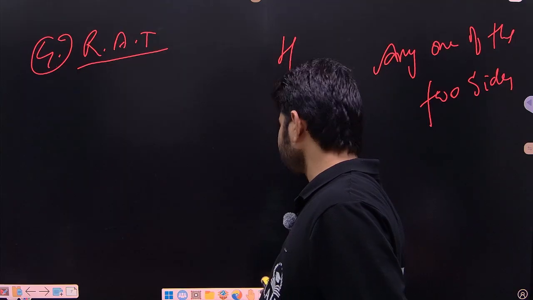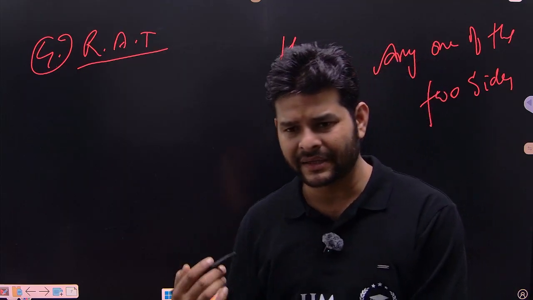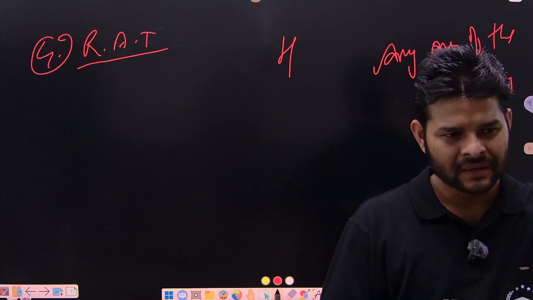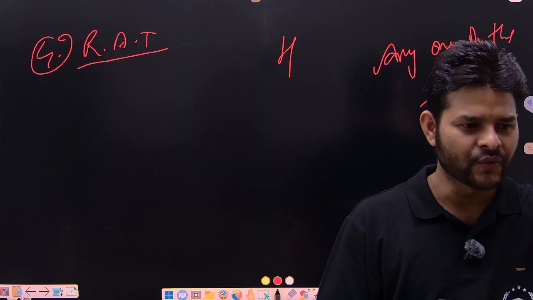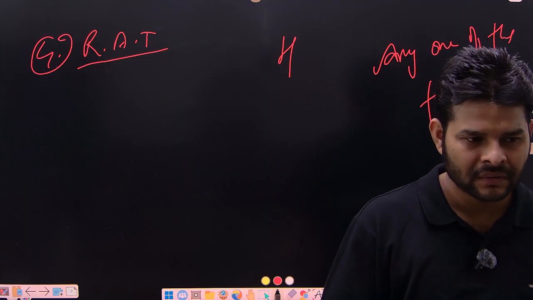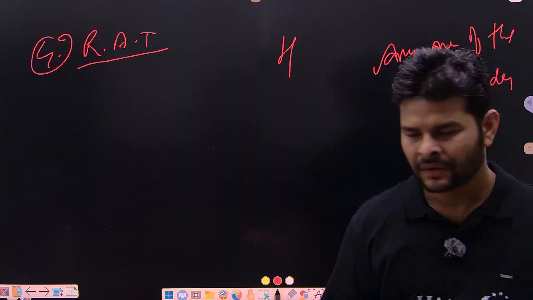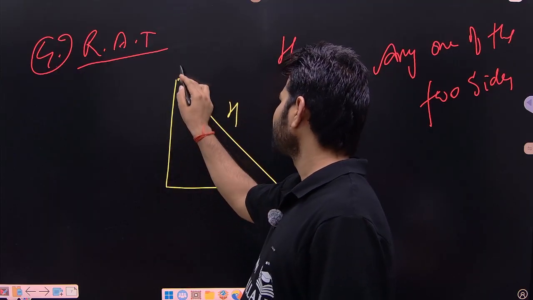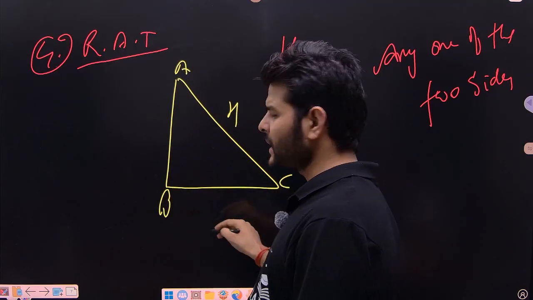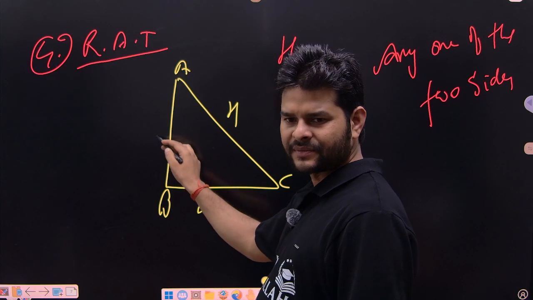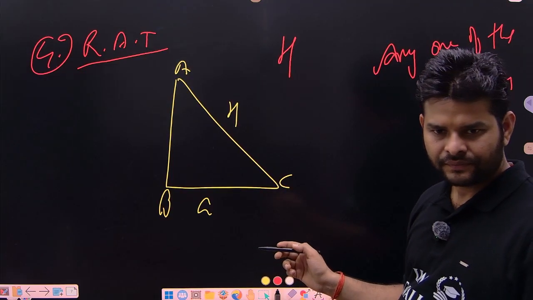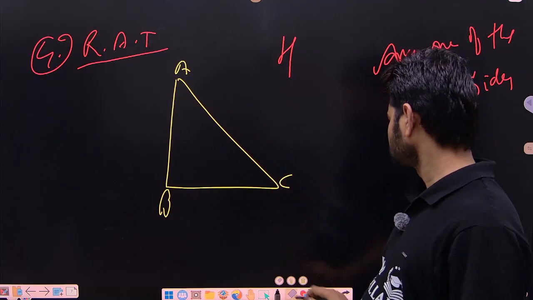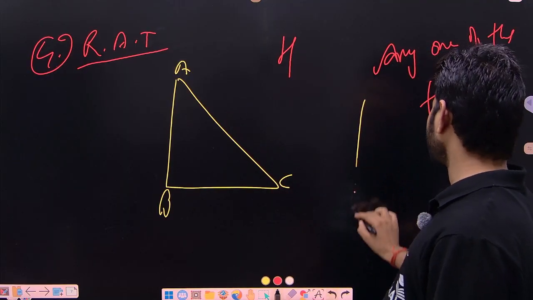Because we can say that, if we are given the length of two sides, we are able to find the other one by using Pythagoras. So it is proven. If we are given the hypotenuse and the length of any one side, suppose we have two right angle triangles.